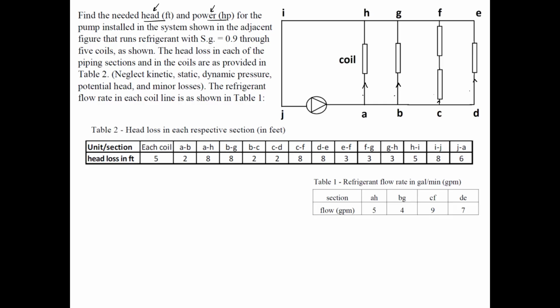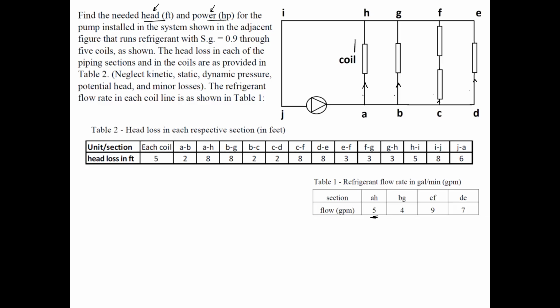The flow rate seems to be slightly easier to find because we have the sections here and the refrigerant, or the fluid in general, flowing through each one. The one that goes through the first coil, which is in line AH, it's 5 GPM.